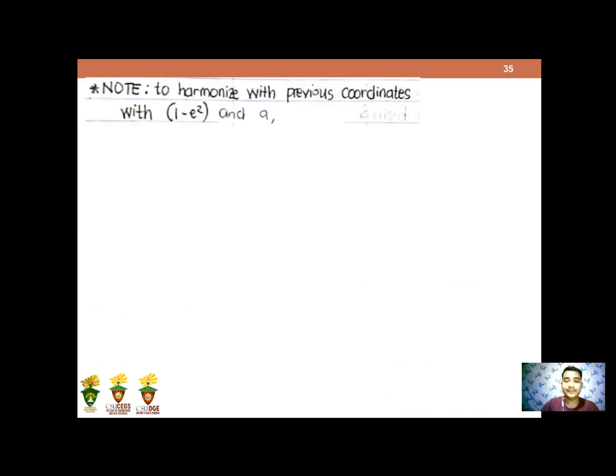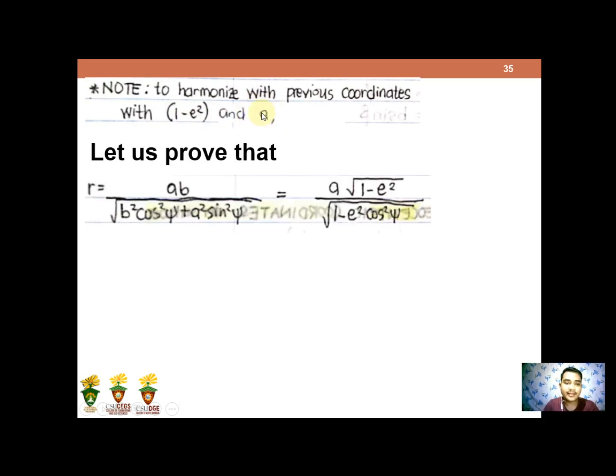To harmonize the previous coordinates with 1 minus e squared and a, the same as in the geodetic latitude or geodetic coordinate system, which is expressed in 1 minus e squared and the semi-major axis. So let us now prove that the last equation we derived, r is equal to ab over the square root of b squared cosine squared geocentric latitude plus a squared sine squared geocentric latitude, must be equal to this value.